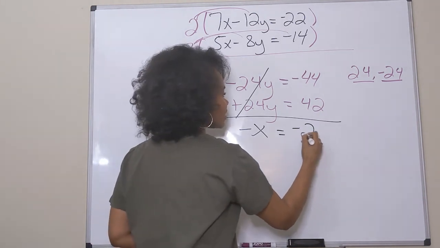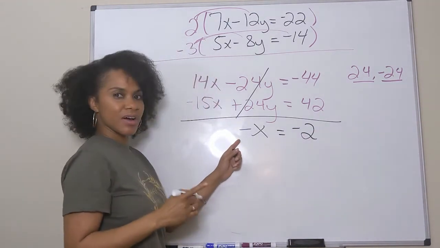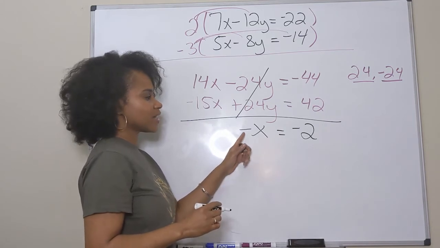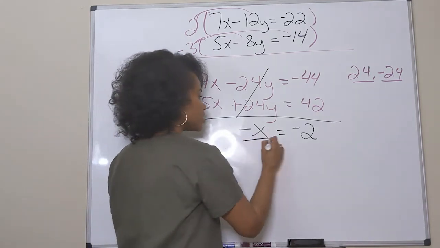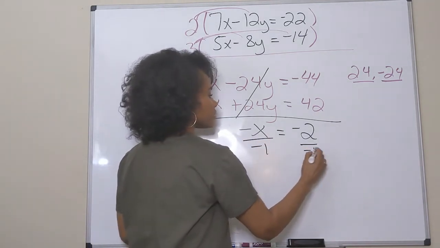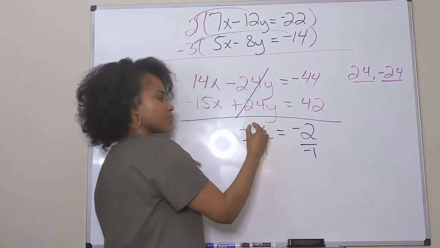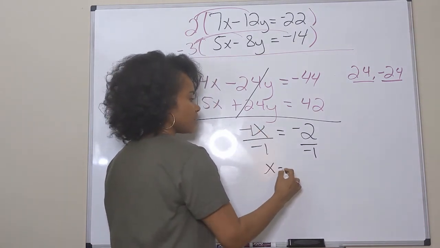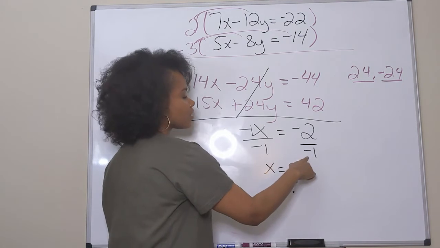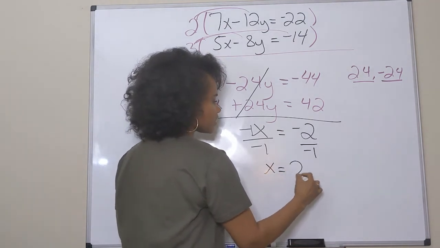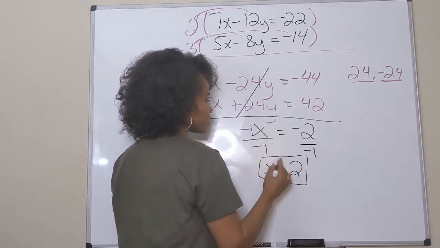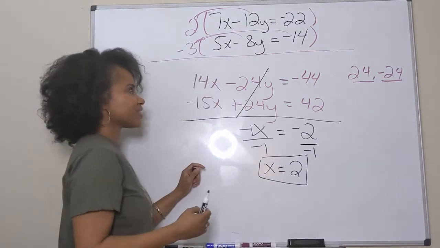That gives me a negative 2. I still don't have my x value by itself. That's a negative 1. So I need to divide through by negative 1, because that's an understood negative 1. Now I'm left with negative 2 divided by negative 1. That gives me a positive 2. So we've solved this equation for x.